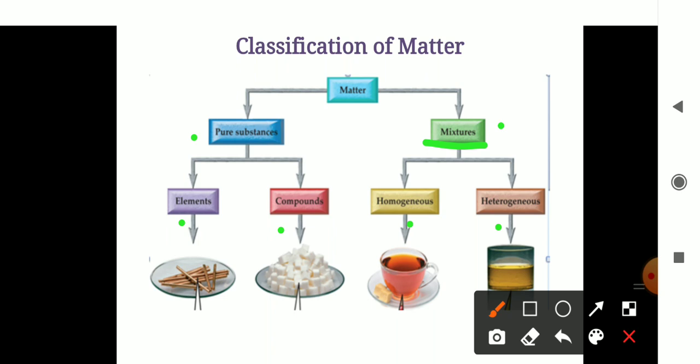There are two types of substances: pure substance and impure substance or mixture. Pure substance is of two types, element and compound. Impure substance, mixture, is of two types, homogeneous mixture and heterogeneous mixture.